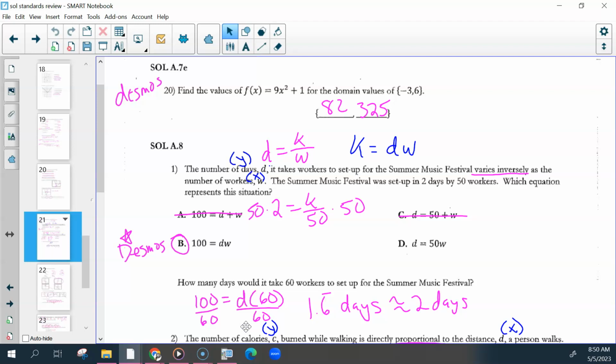So for SOL A7E, the answers were 82 and 325. For number 1, you can write all of this, or you could just write the answer is B. We'll talk about that here in a moment.